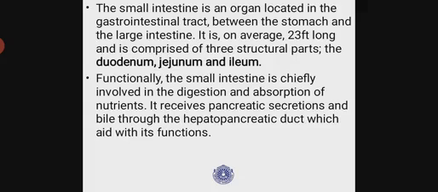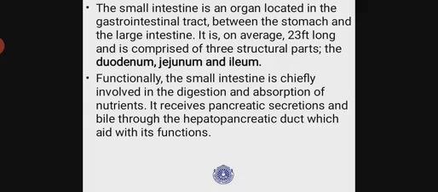So, the last stage of the completion of the process of digestion occurs in the small intestine, and once it is digested, the full absorption of the digested nutrients occurs in this small intestine only. So, it is one of the major parts of our alimentary canal or the digestive system.